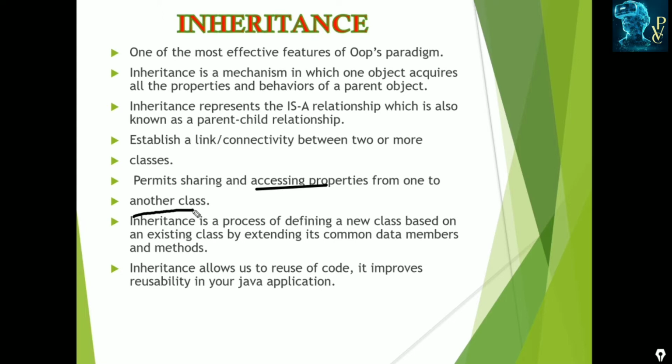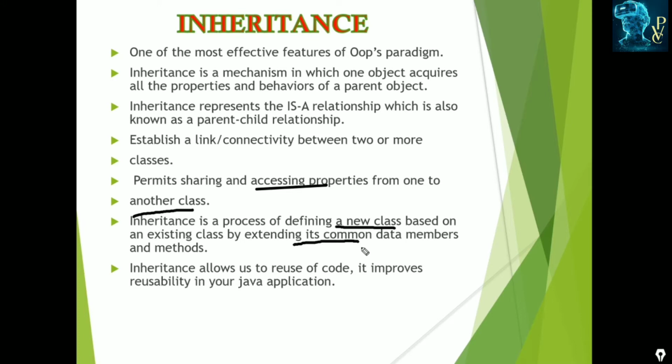Inheritance is the process of defining a new class based on an existing class by extending its common members and methods. That is, creating a new class from an existing class is called inheritance, and it is also known as derivation or derivability, or as reusability.